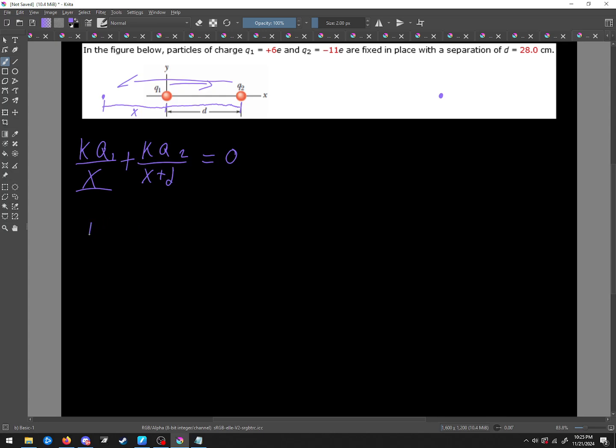So what we can say now is that KQ1 equals a negative KQ2, all over x and x plus d. Now we can remove k from both sides. We have q1 over x equals negative q2 over x plus d.